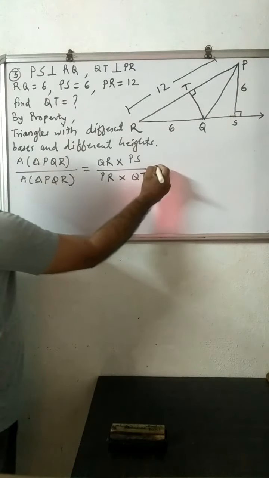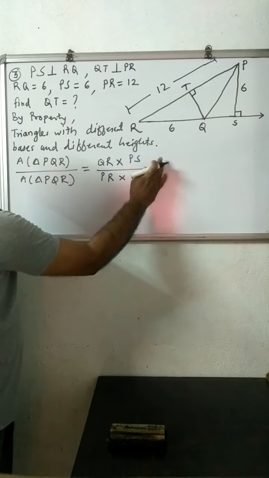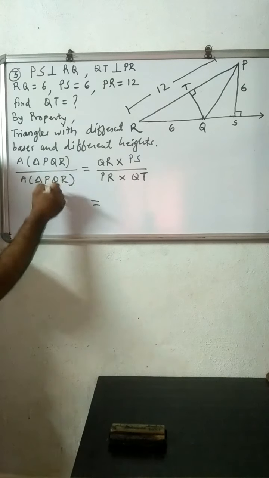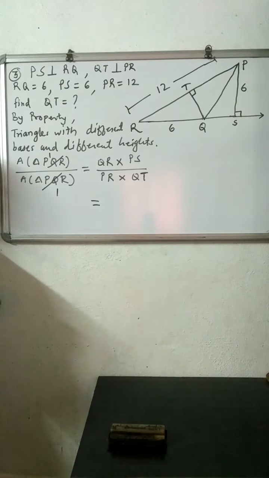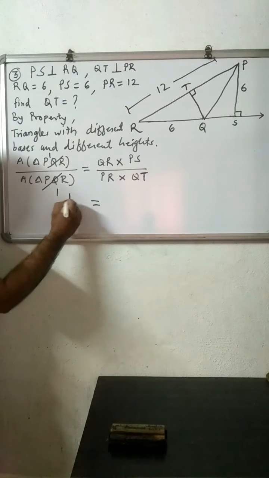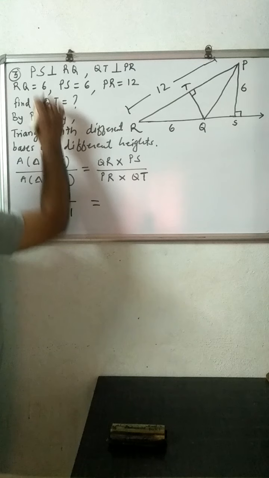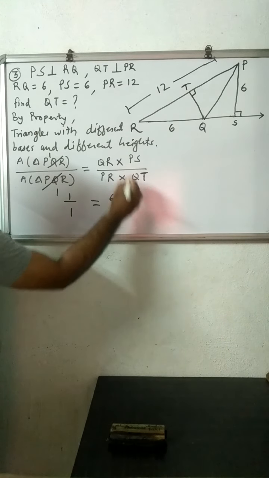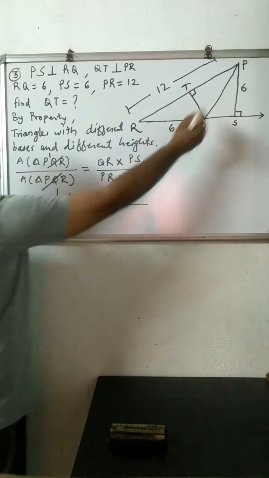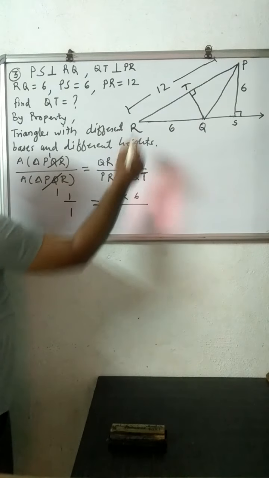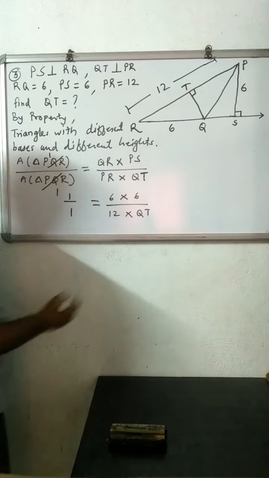So base QR, here both the areas, area of triangle PQR same, get cancelled, ratio will be equal to 1 upon 1. QR is equal to 6 into PS is also 6. QR is 6, PS is 6, PR 12 into QT.